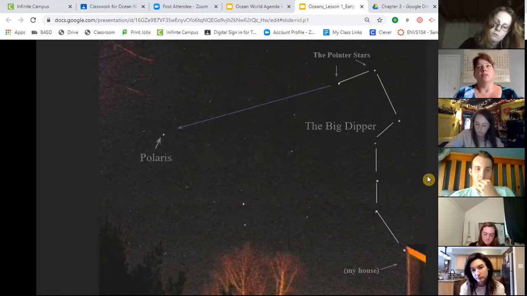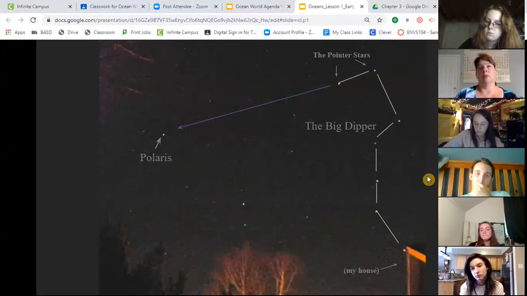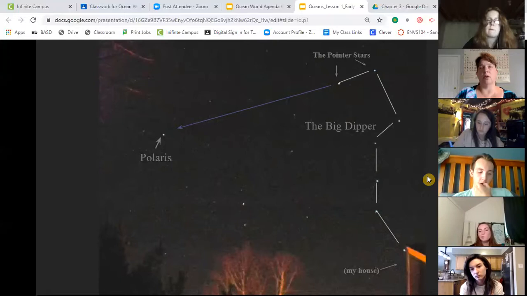Polaris is the brightest star in the sky. However, you can't just look at the sky and look for the brightest object and say it's Polaris, because there are also planets that can be seen with the naked eye, and those are actually brighter than Polaris. So to correctly identify Polaris, you need to find your Big Dipper and then follow the pointer stars.